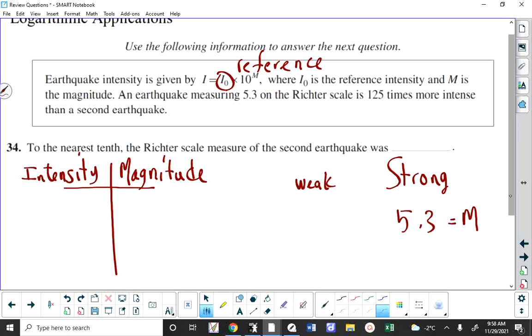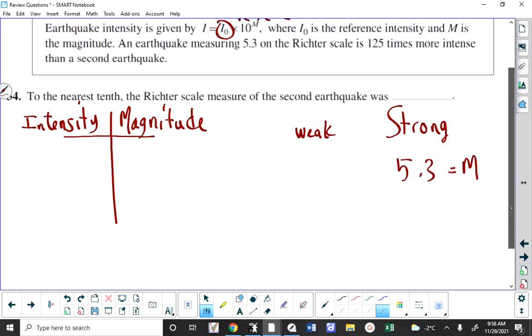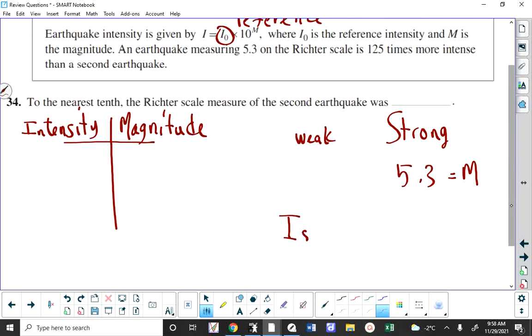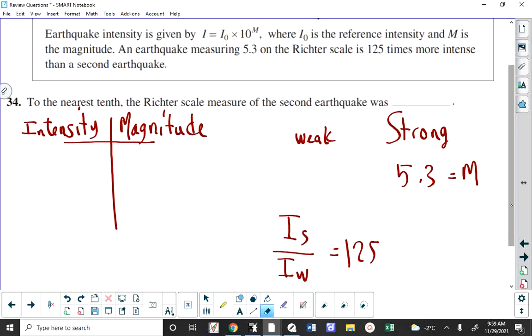And that's pretty much all you're told, except you are told the intensity of the strong over the intensity of the weak is 125. So we've got all these things floating around because the strong earthquake is 125 times more intense. So what we are going to do is use this equation up top and write out a statement for the intensity of the strong earthquake and write out a statement for the intensity of the weak earthquake and see where it leads us.